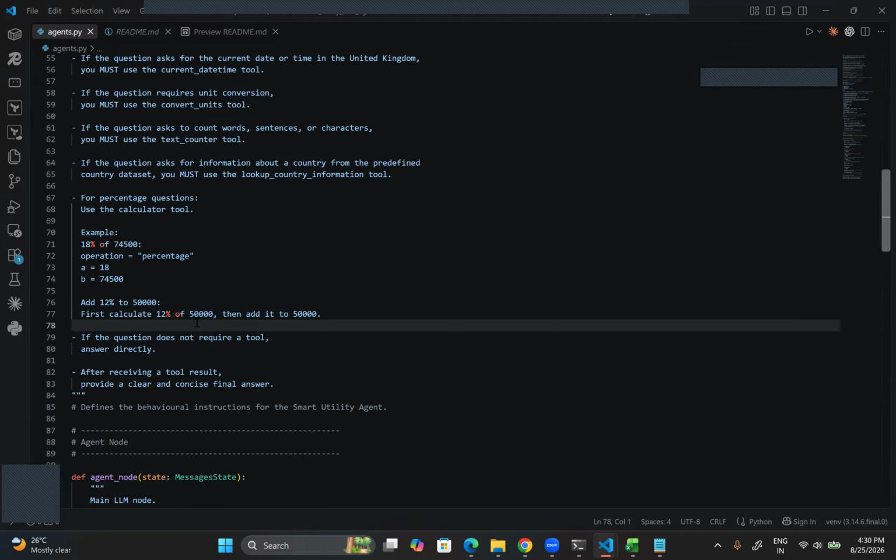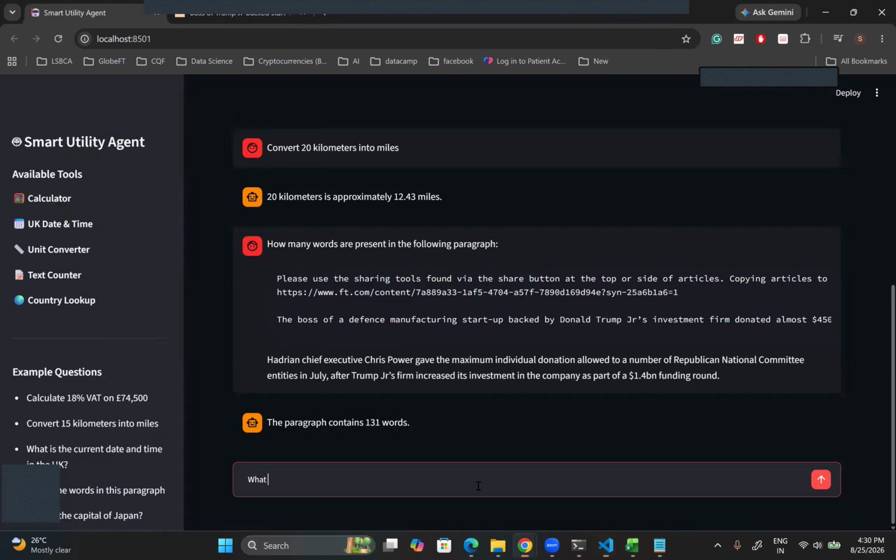It means it will call the calculator tool twice. The question is whether it will follow this sequence or not. Let's see. What will 50,000 become after adding 12%?